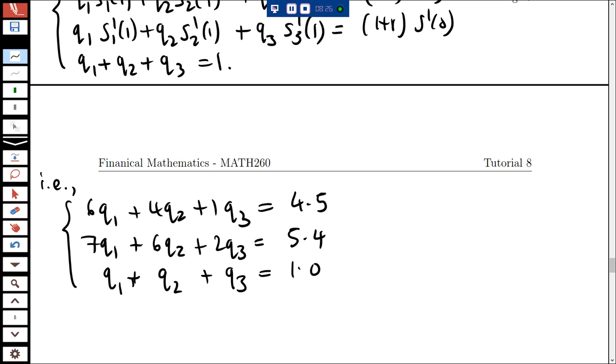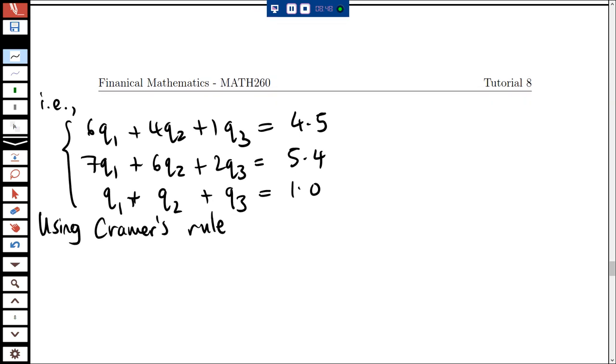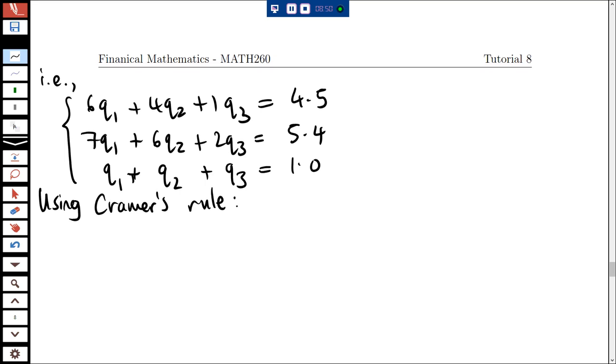I don't mind which method you use here, even in an exam. Just pick the method you're most familiar with. For me, Cramer's rule is the easiest. If you want to do Gaussian elimination, then just do it.